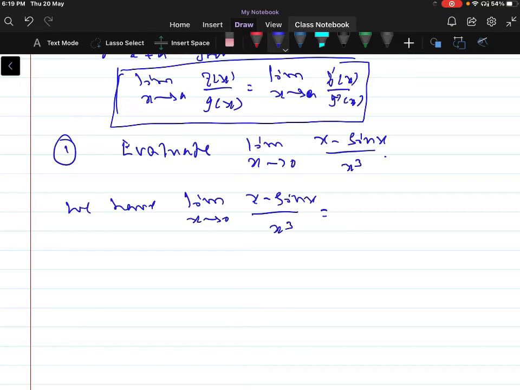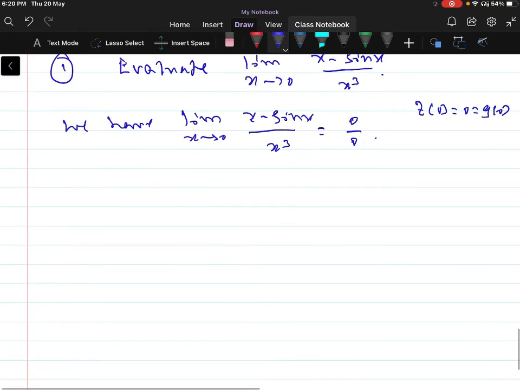When x is equal to 0, 0 minus sin 0 is 0, so it is a 0 by 0 form. Here we can observe that f of 0 is 0, which is equal to g of 0. Now let us apply L'Hopital's rule. In the function x minus sin x by x cube, this is f of x and this is g of x, x cube.